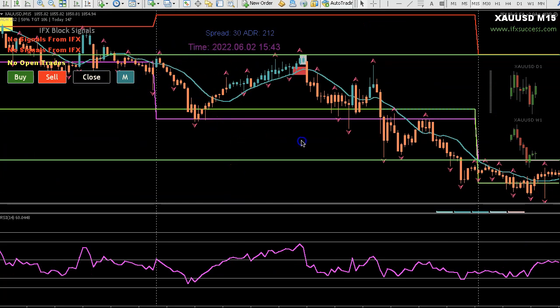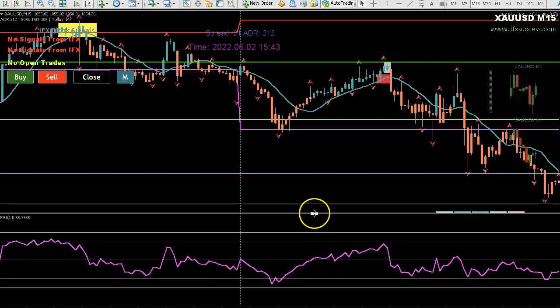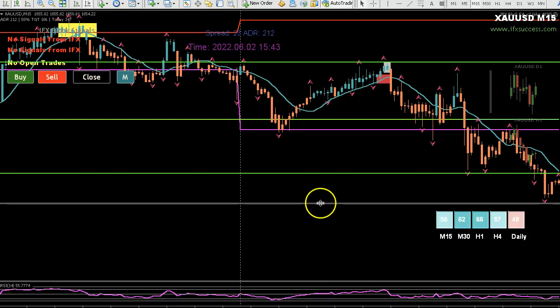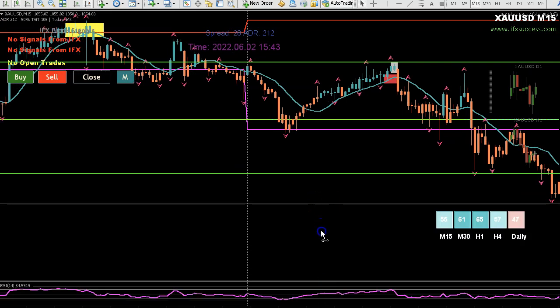This is the prior day mid-level. I know we have so many lines in here that I even confuse myself, and I don't want to confuse you more. This one is just a line that I drew. This is yesterday's low, this is yesterday's high, and the magenta is the prior day mid-level. So if I get a block that closed below the prior day mid-level, boom, right over here, it closed.